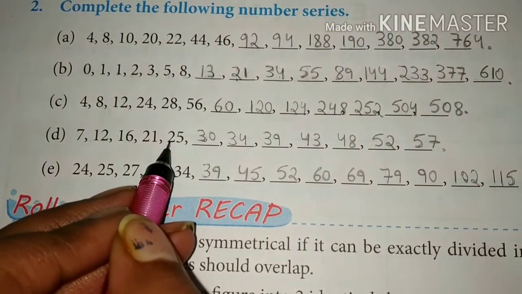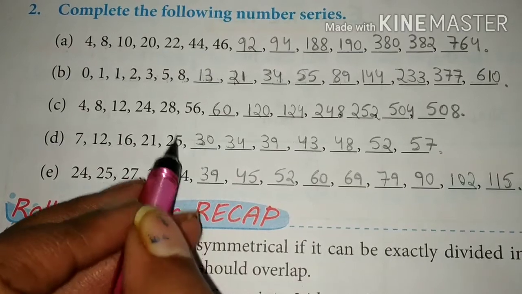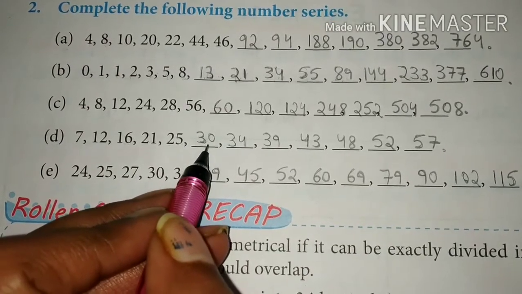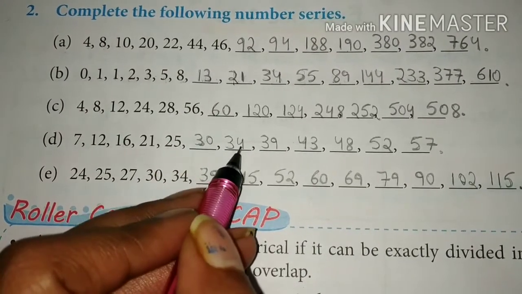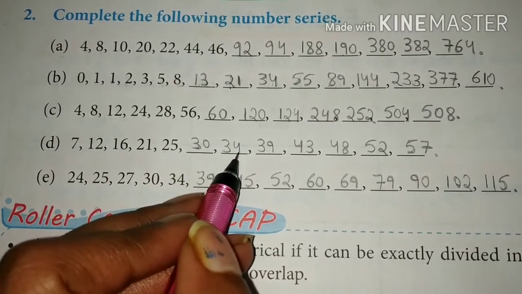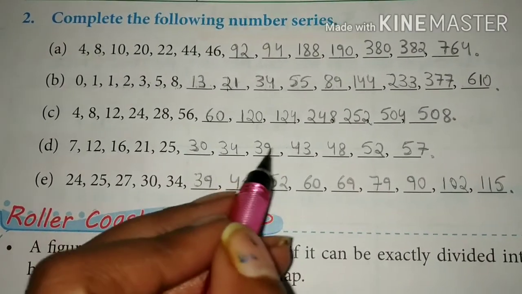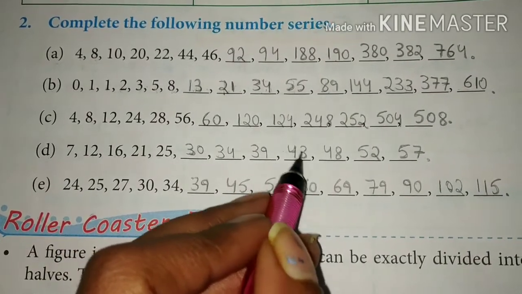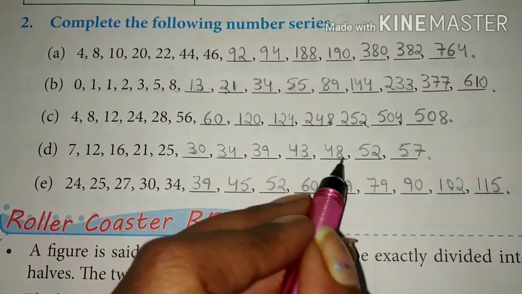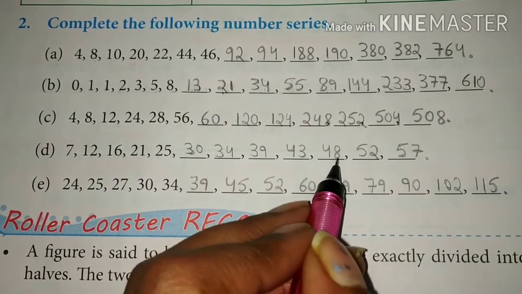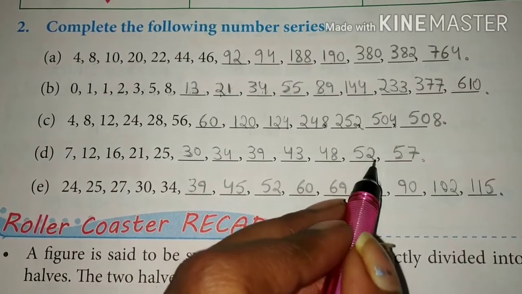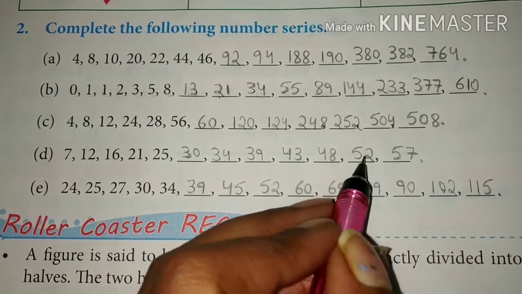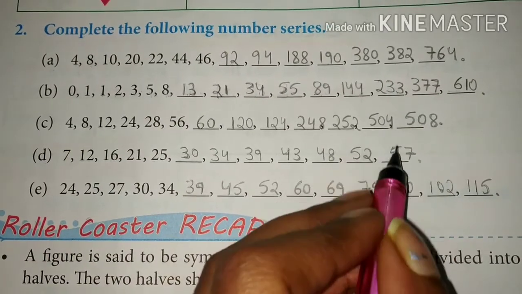So, 25 plus 5 is 30. 30 plus 4 is 34. 34 plus 5 is 39. 39 plus 4 is 43. 43 plus 5 is 48. 48 plus 4 is 52. 52 plus 5 is 57.